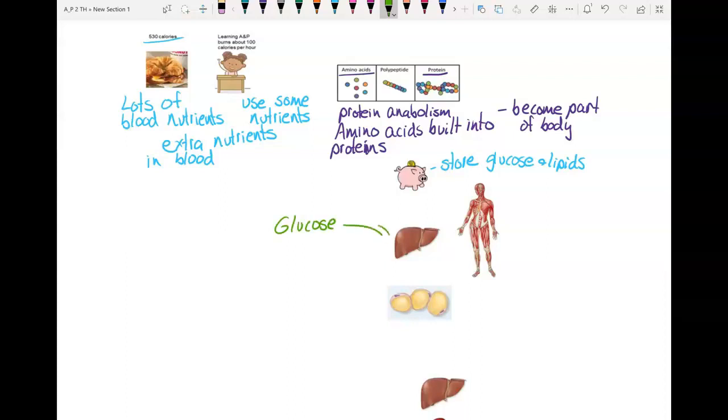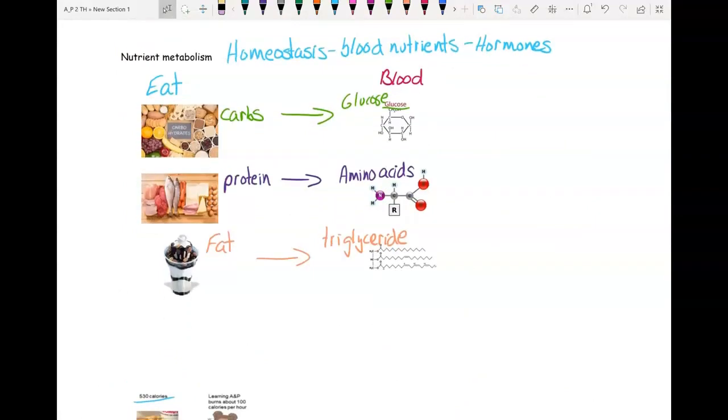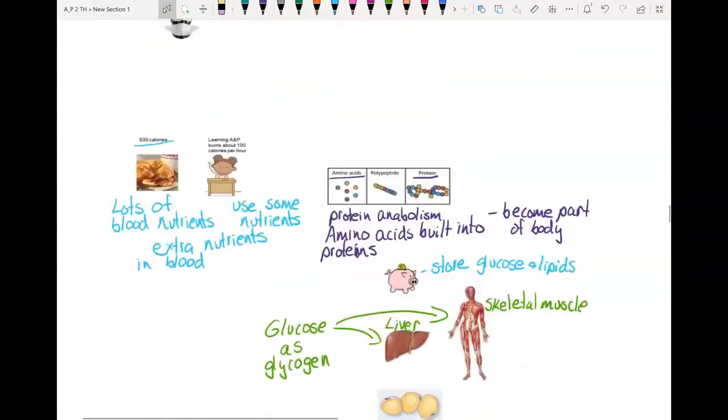So think of liver and skeletal muscles as like a wallet that you put your extra glucose in. And when you store glucose, you store it as glycogen. So glucose is an individual little molecule. You can see here there's a glucose. Glycogen is just several glucose all linked together.